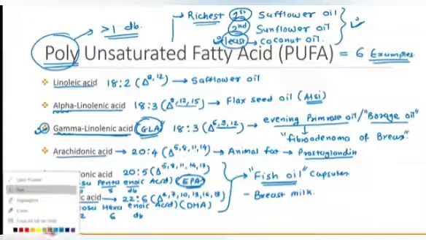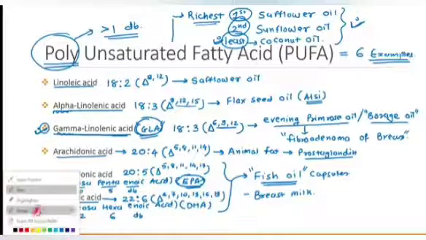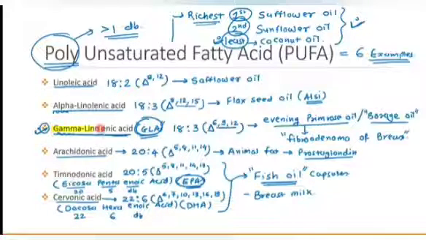So now I am highlighting these two fatty acids: one is gamma linolenic acid, and the other is cervonic acid. Actually, these two fatty acids are very popular among the common public. It is in the trend.